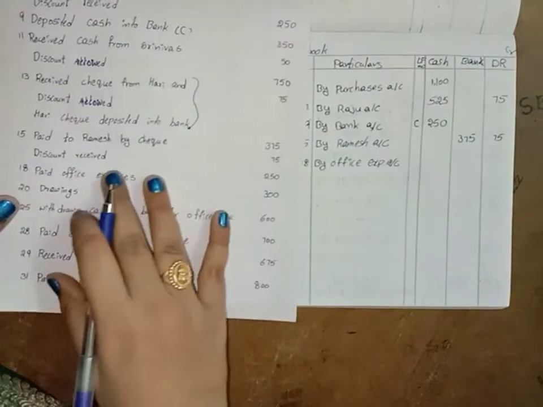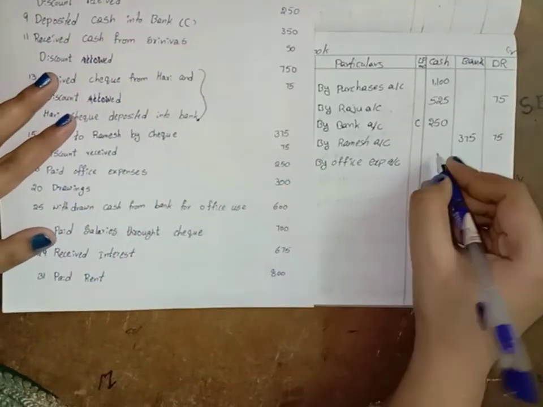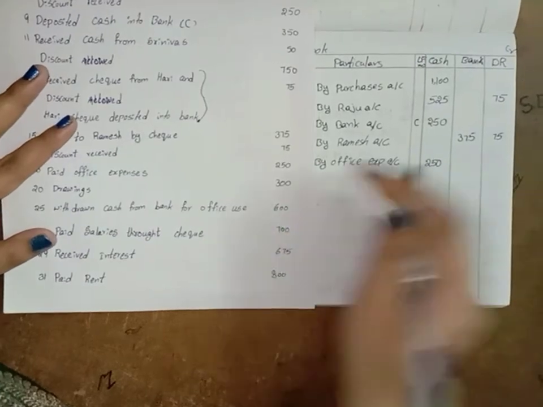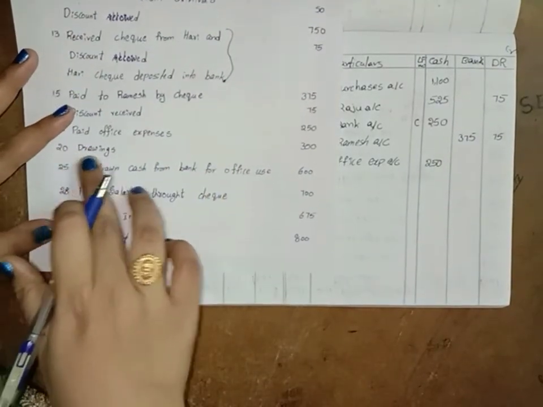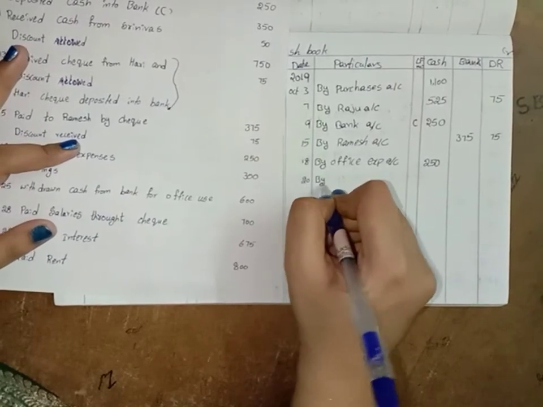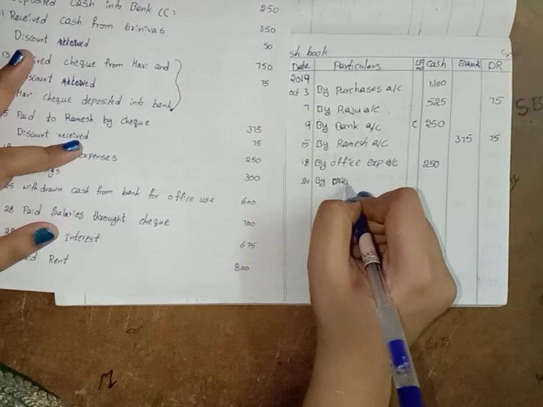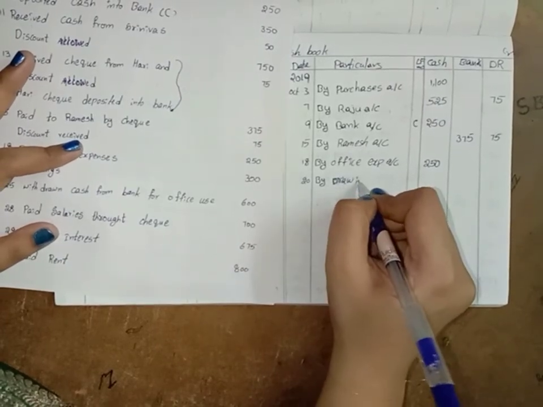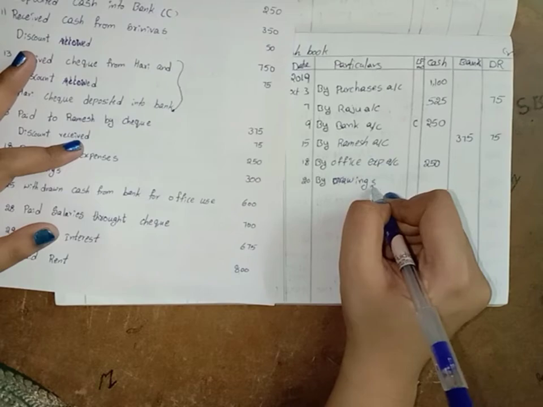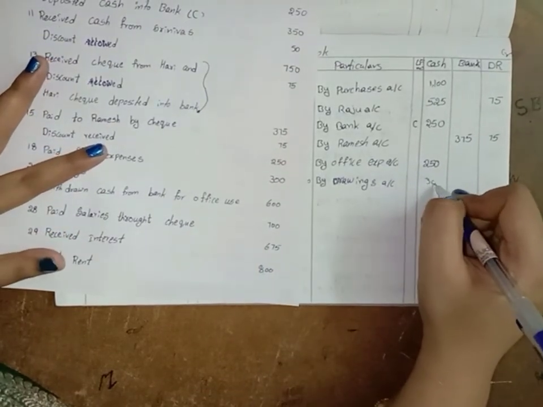The amount is 250. And next, drawings on 20th. Any type of expense is on the credit side, and the amount is 300.